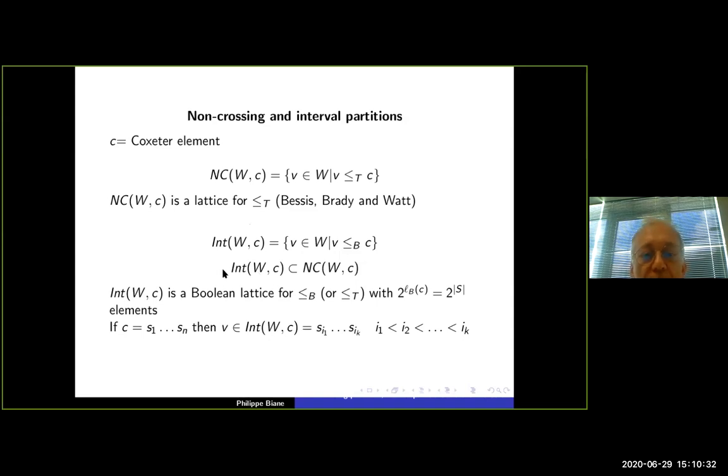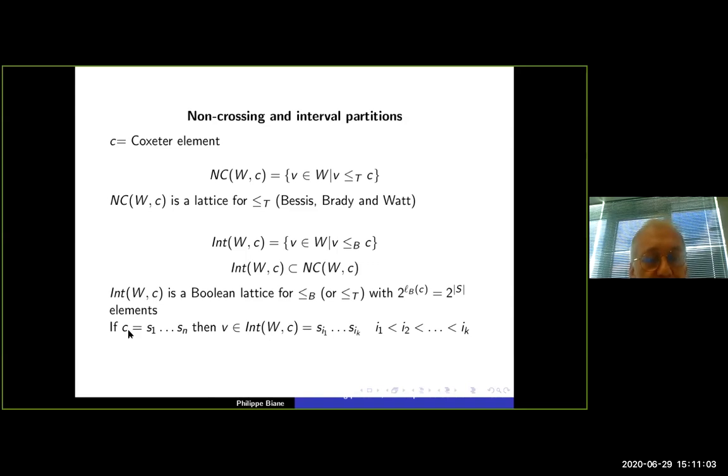It turns out that this set is a sublattice of NC(W,c), and it is also a Boolean lattice with respect to this order. These two orders coincide on this set, and it is a Boolean lattice whose cardinality is 2 to the number of elements in S, so the number of simple generators of the Coxeter group.